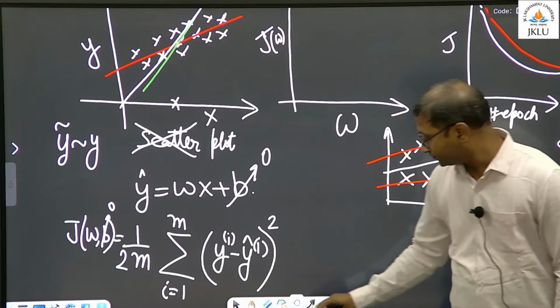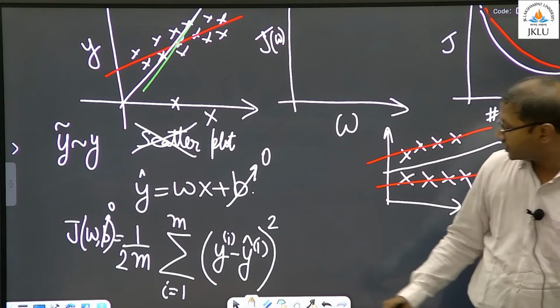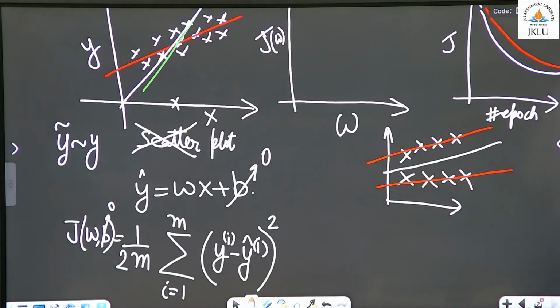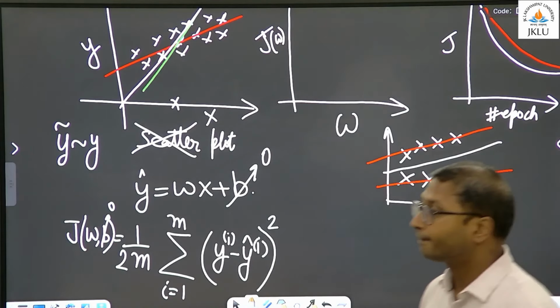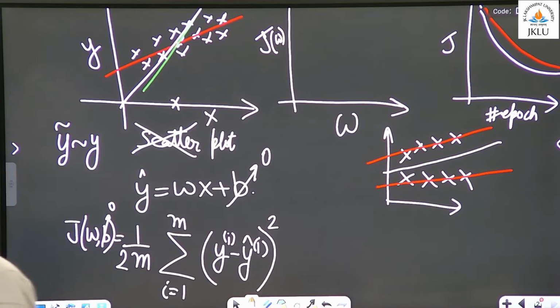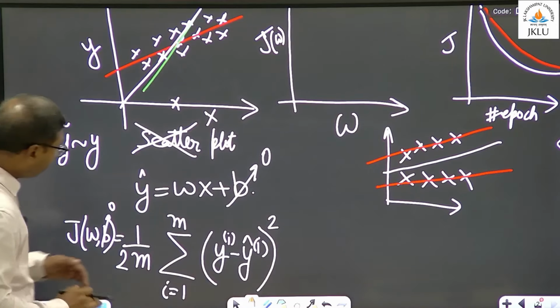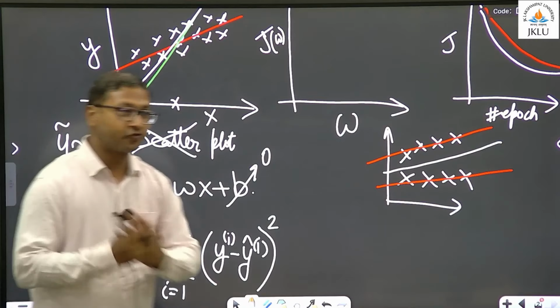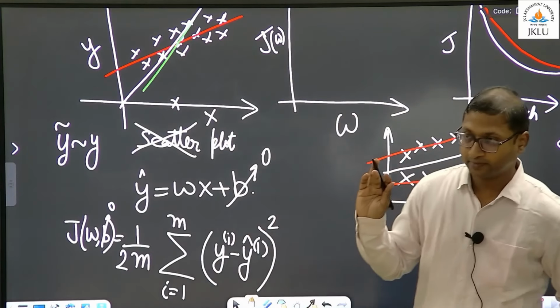Is this fine? We have still not talked about this 1 by m. Why do we need this 1 by m? Without this, the formula is fine, there is absolutely no problem with it.